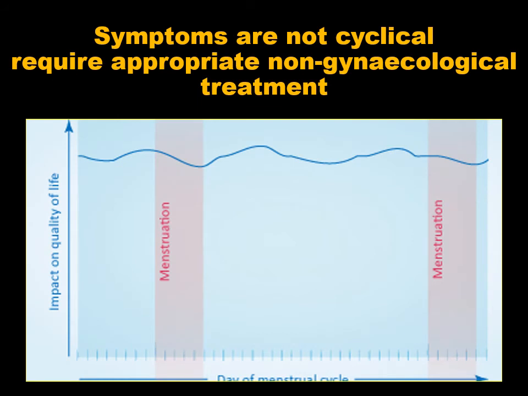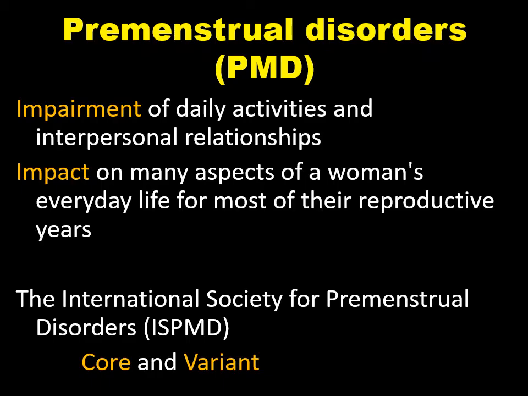If the symptoms are not cyclical, this means that you need to refer this patient for appropriate non-gynae treatment. Premenstrual disorders will lead to impairment of daily activities and will have an impact on the everyday life of most of the reproductive years of a lady.